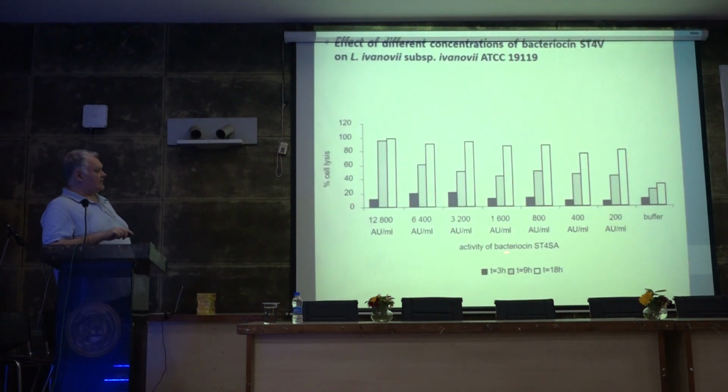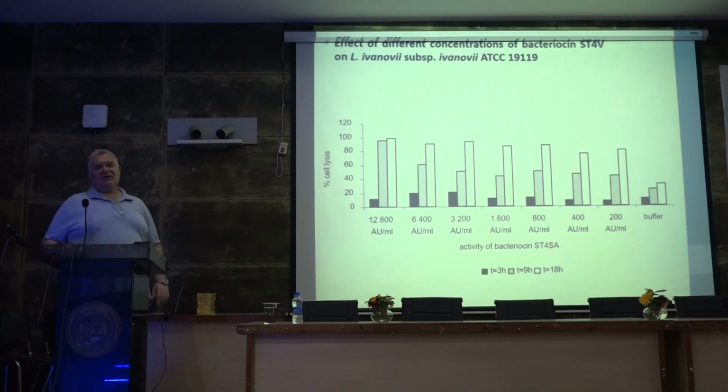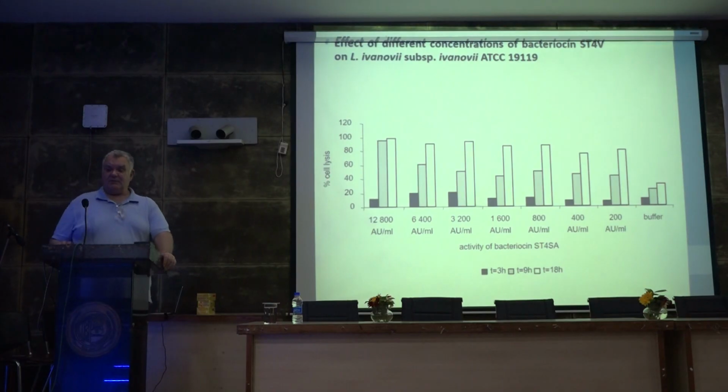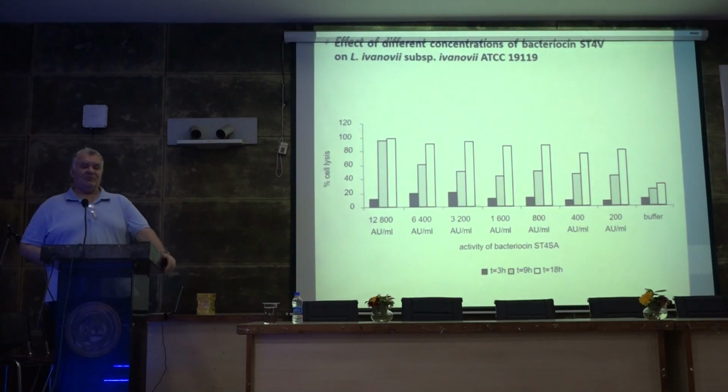As well, when we were exploring the percentage of cell lysis, you see even 20 units and 12,000 units were reasonably equal. So you don't need to overload with the bacteriocin. And it's another important point. When you apply the bacteriocin, do you think they will produce in the same way in our gut as in MRS?